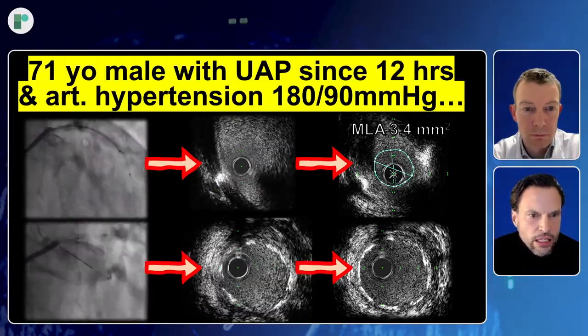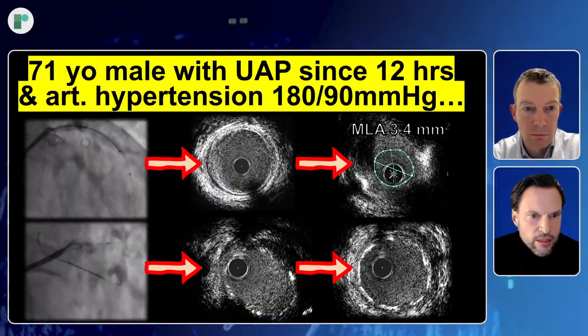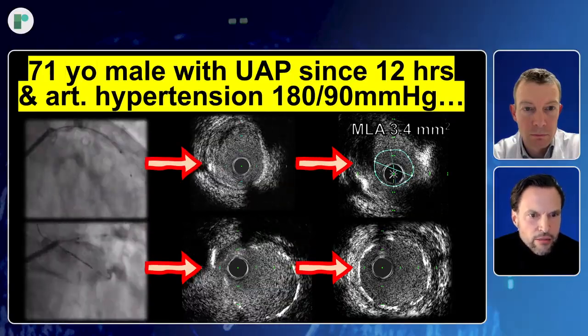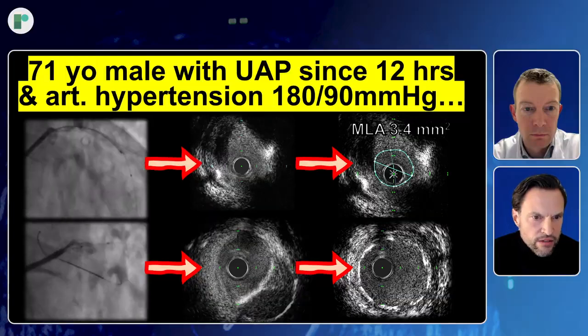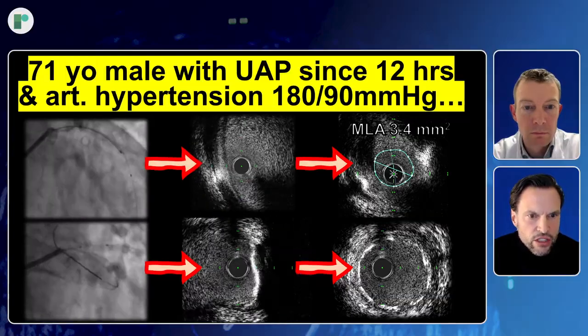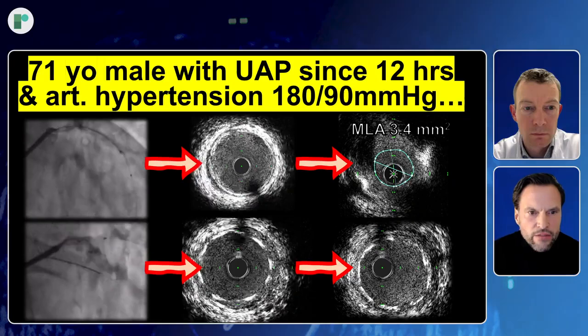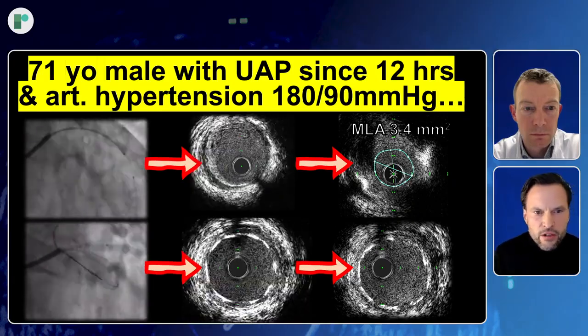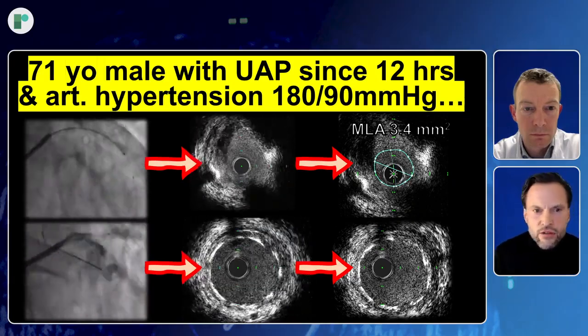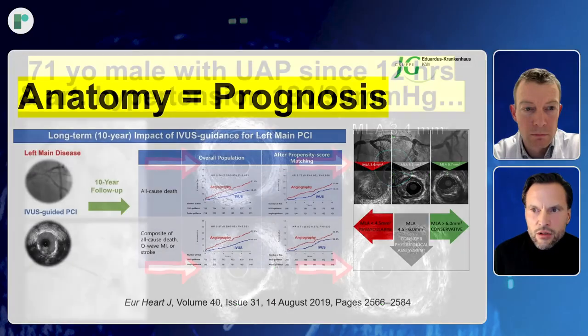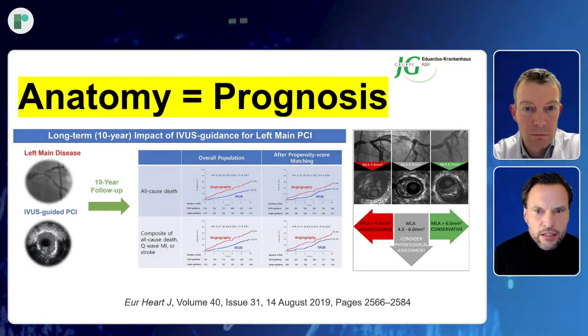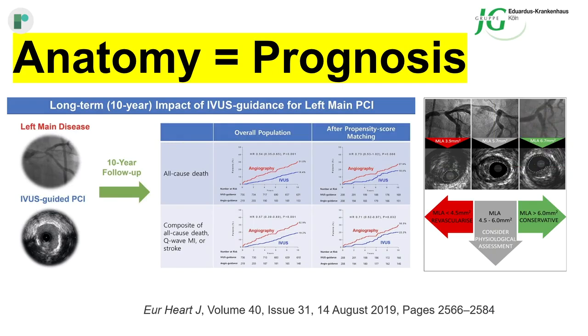Normally, an ostial left main is a simple lesion, but it can be very complex if you undersize your stent in this situation. And it's really important to have the intravascular imaging available to plan how to implant the stent perfectly. And we know from our data that at least in left main disease, the use of IVUS can change the prognosis of the patients.